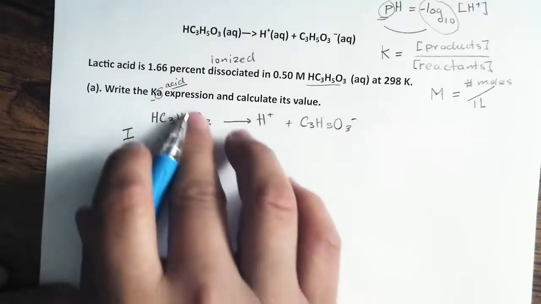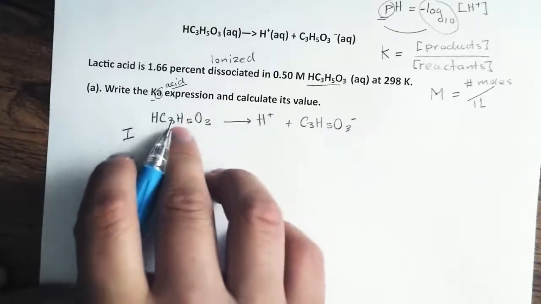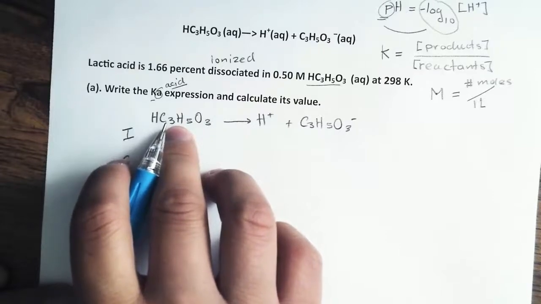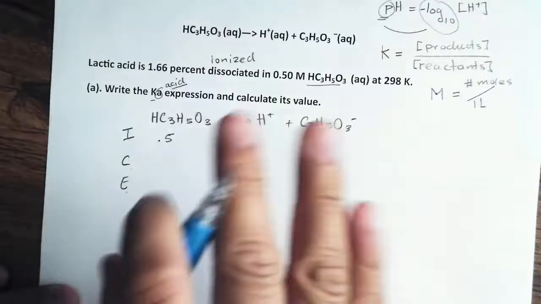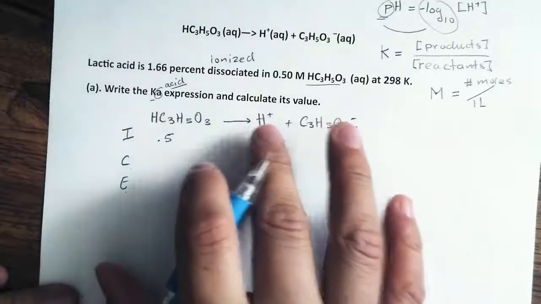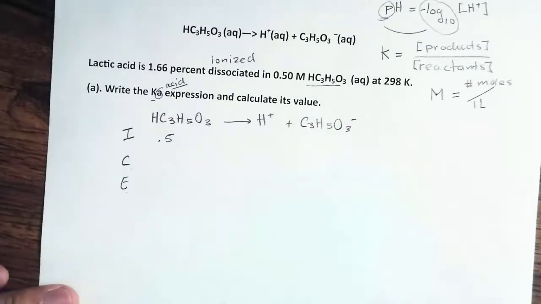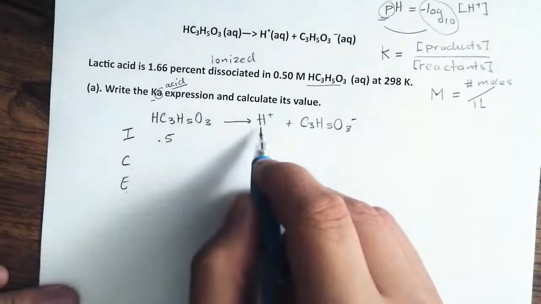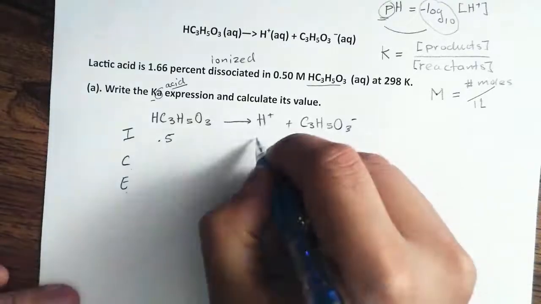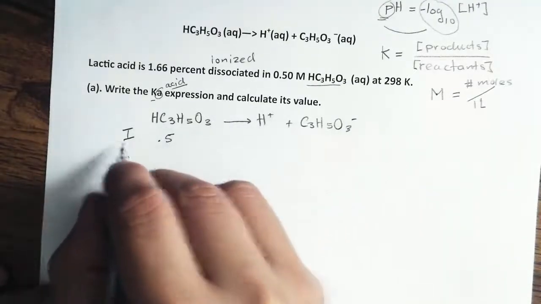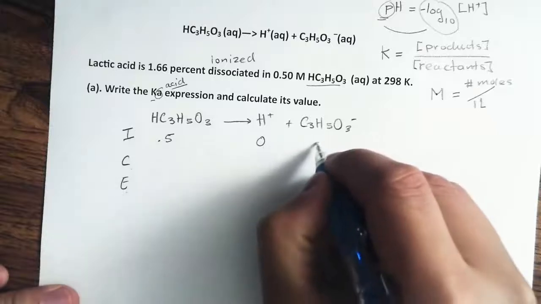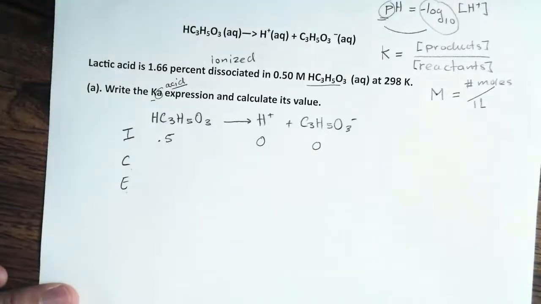This 0.5 molar concentration of lactic acid will dissociate in water to produce these 2 ions. Because it's an acid, it's going to produce the H+. And initially, we would have 0 of the products.